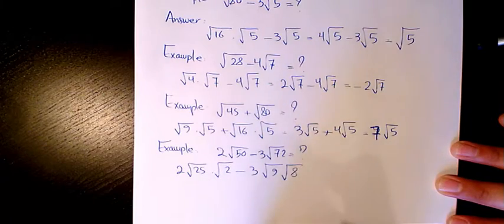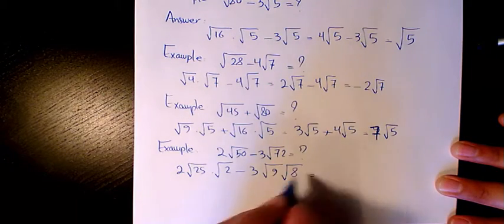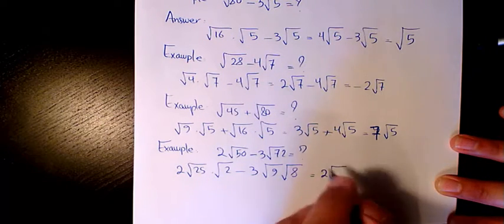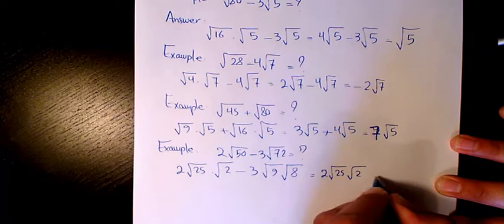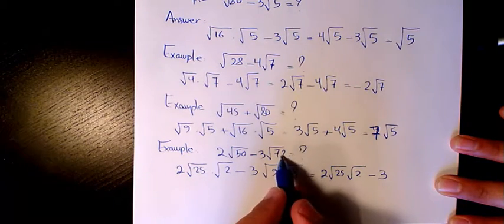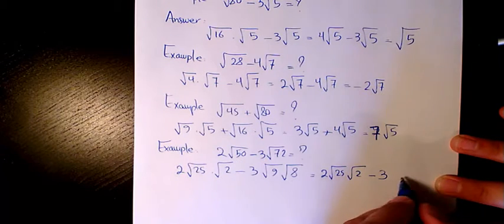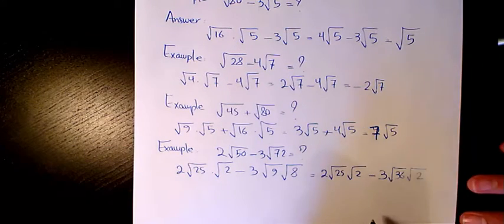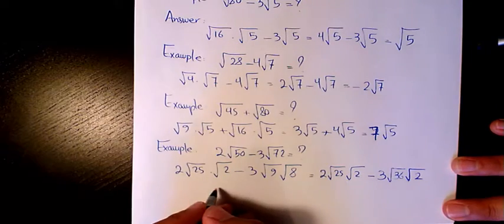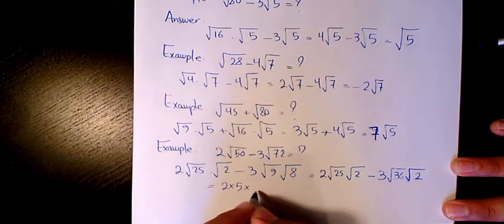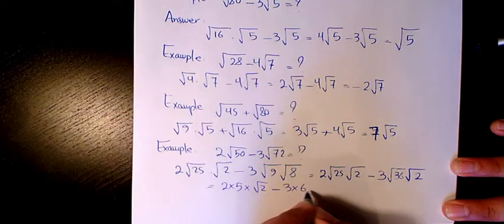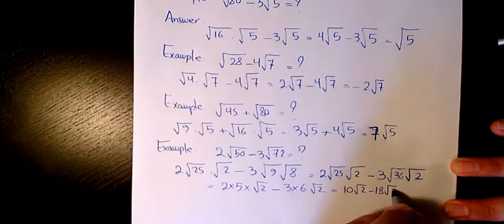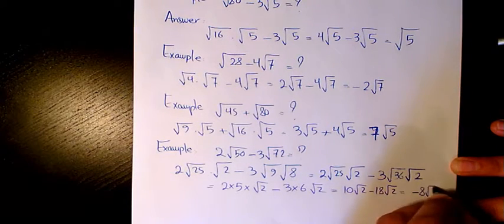You can also write it like that. 2 root 25 root 2 minus 3. 72 is also 36 times 2, so it's better to write it like that, root 36 times root 2. That will make it 2 times 5 times root 2 minus 3 times 6 root 2, which makes it 10 root 2 minus 18 root 2, which makes it negative 8 root 2.